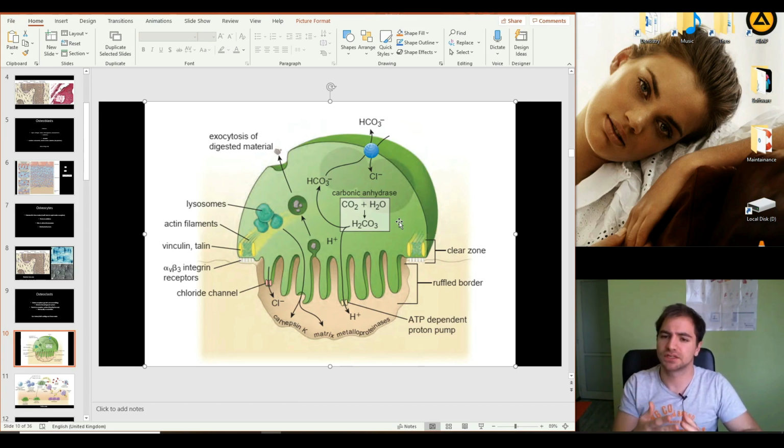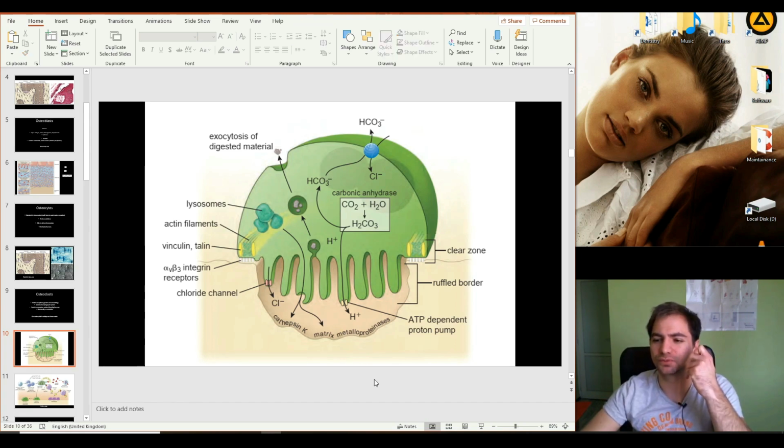So in this case, the osteoclasts are fused cells. Does anyone have any idea what kind of fused cells they are? Let me help you a bit. Before we discussed the cytokines. The osteoclasts are fused monocytes. We discussed the monocytes in the connective tissue lecture.